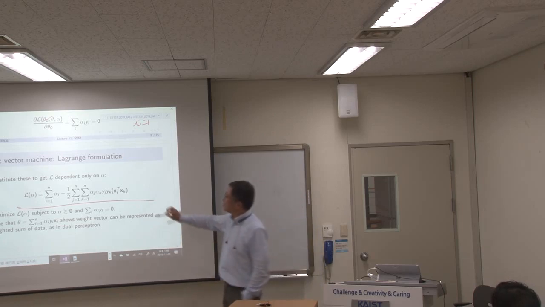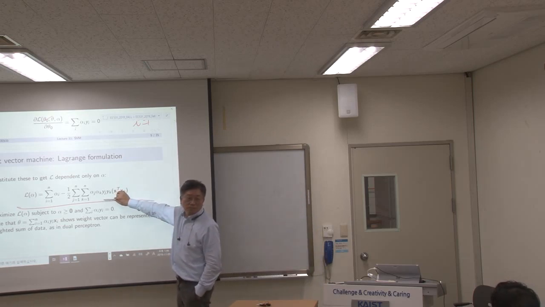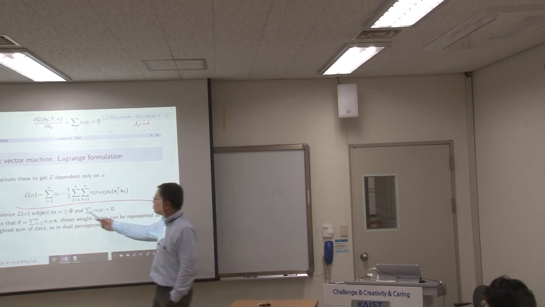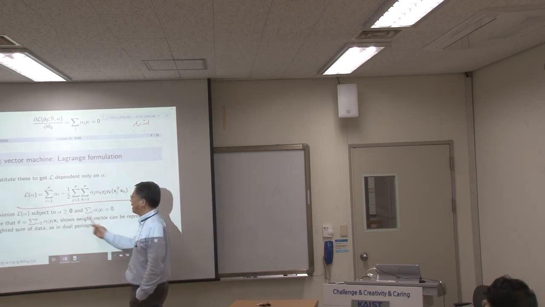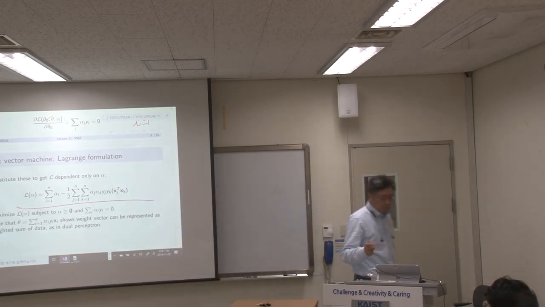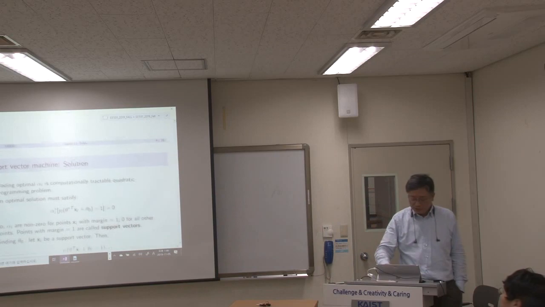What do I have to do after this? I have to maximize with respect to alpha, subject to alpha greater than 0, and that has to be satisfied. Okay? And you can ignore this perceptron business.